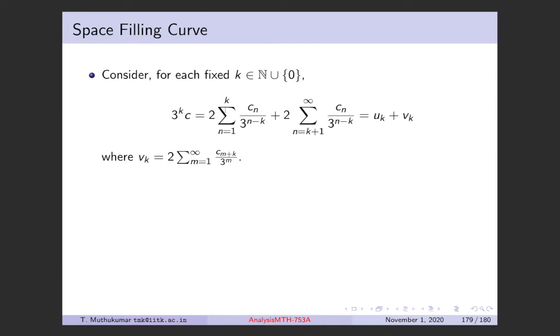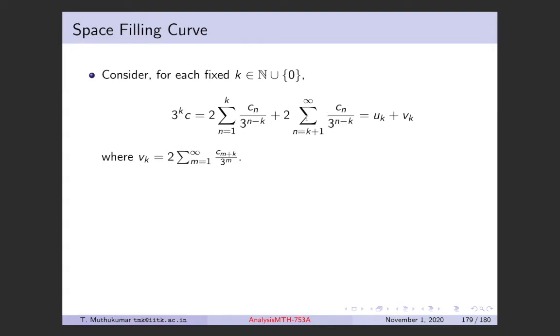Suppose you call the first term uk and the second term vk. Then 3 power k times c is uk plus vk, where vk is precisely this term, rewritten by changing the index to 1 to infinity. That's it. So vk is this.